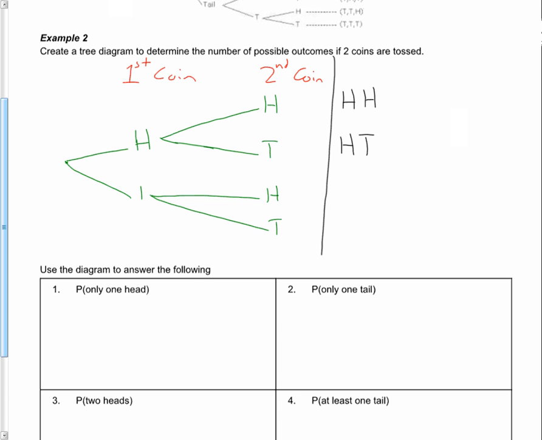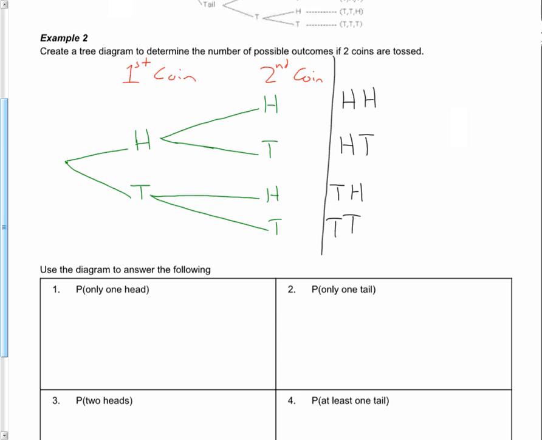Likewise, if my first coin ended up being a tail, my second coin flip I could have gotten a head, and if my first flip was a tail, my second one might have been a tail.